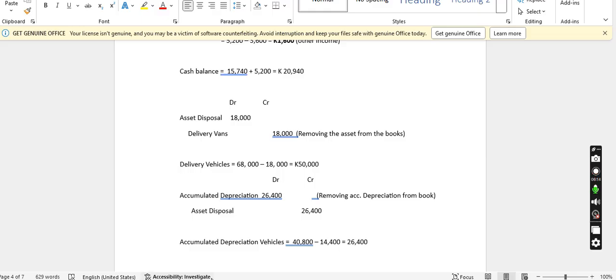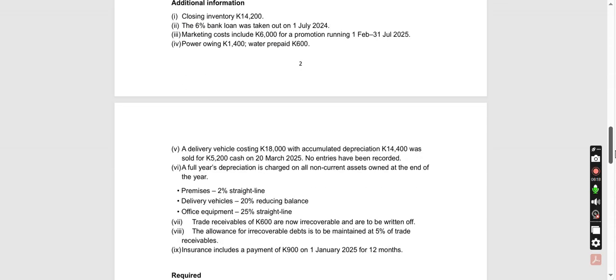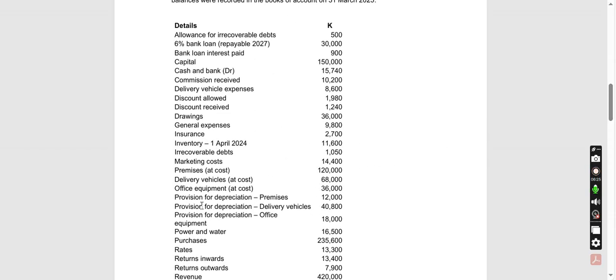They told us the accumulated depreciation of the van was 14,400. So this 14,400 we need to remove from here, provision for depreciation delivery vehicles, 40,800. Because when you sell the asset, the accumulated depreciation with the asset also needs to go.